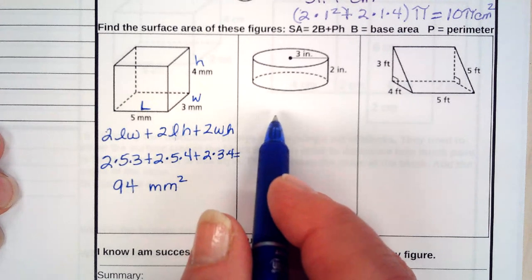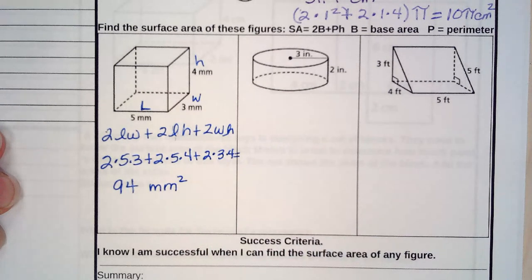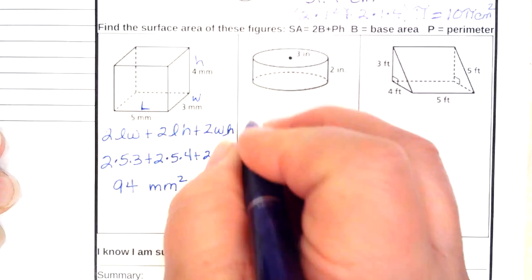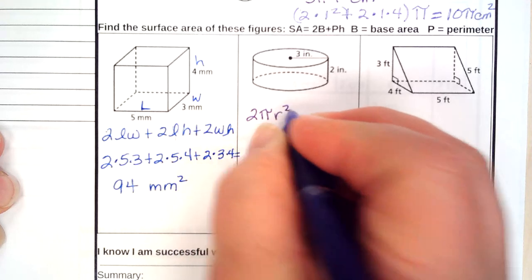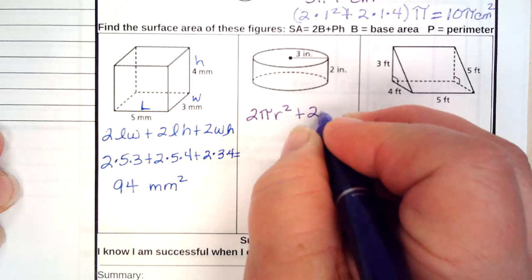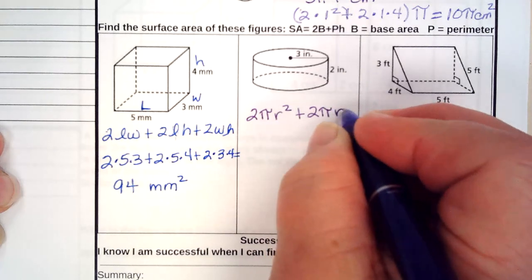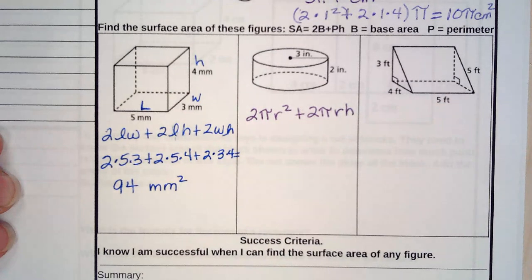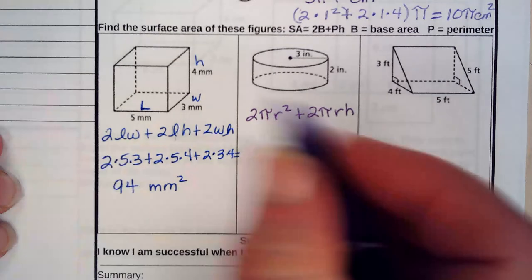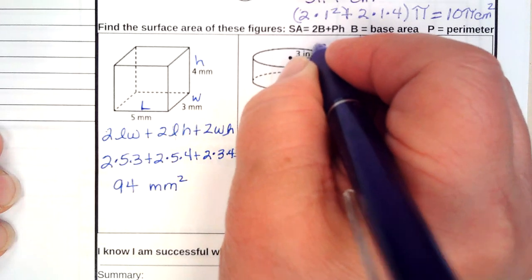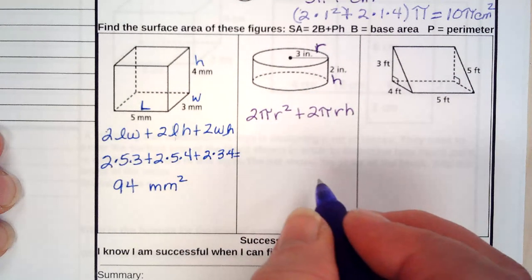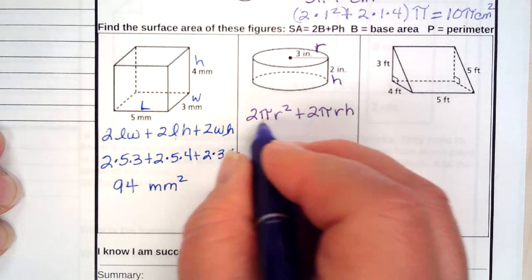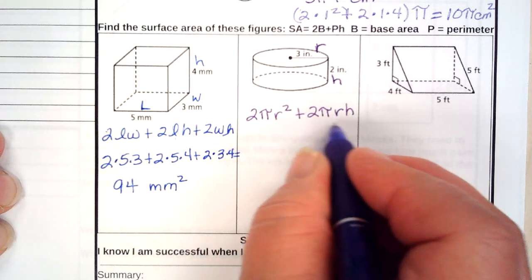Okay, if we're looking at the surface area, this is 2 pi r squared plus 2 pi rh. Now, what are your variables? R is 3, h is 2. So what I'm going to do first is just look at the numbers.